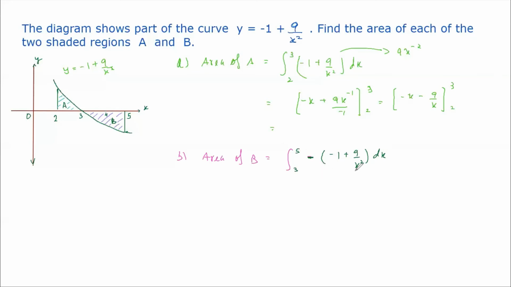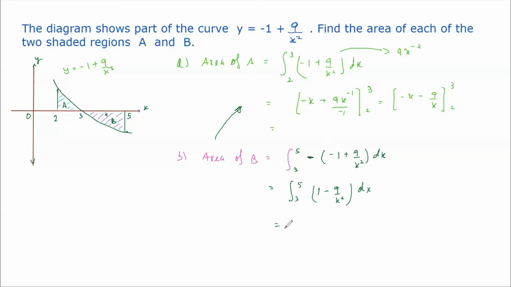Okay, so that's all you need to do. You just simplify before you integrate, better: becomes plus 1 minus 9 over x squared dx. And then you do the same integration as in part A, the same idea, but replace from 3 to 5.